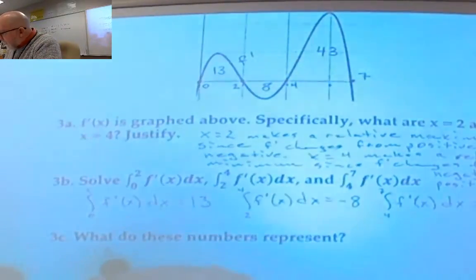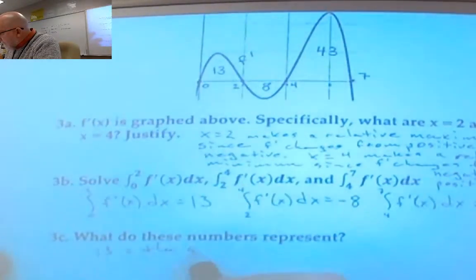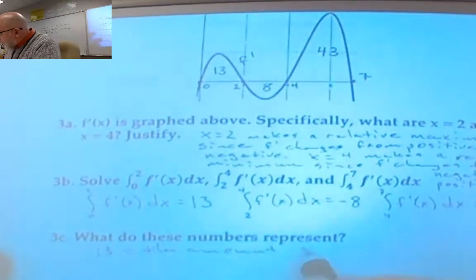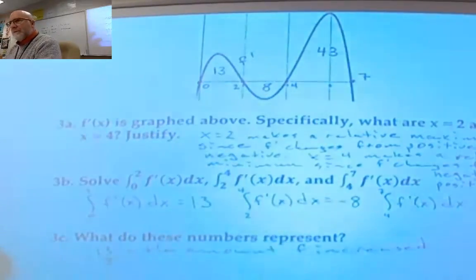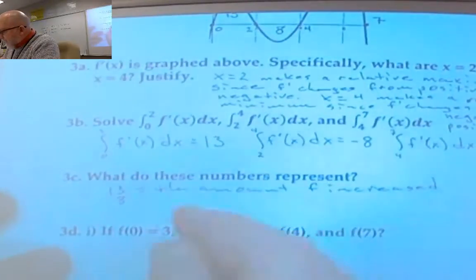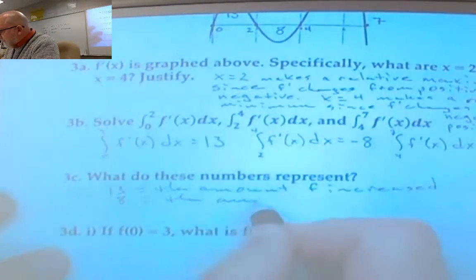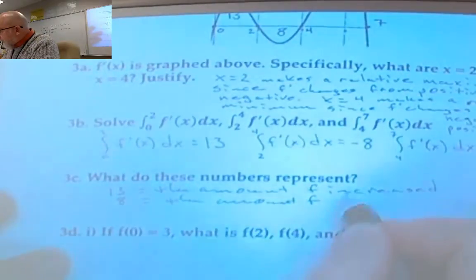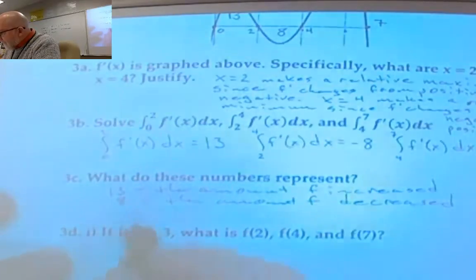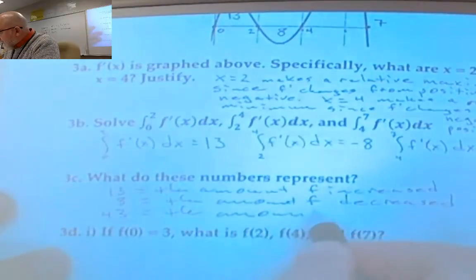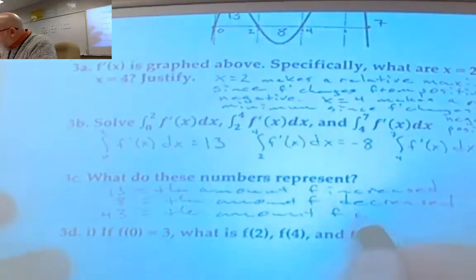Well, 13 represents the amount f increased. 8 represents the amount f decreased. 43 represents the amount f increased.